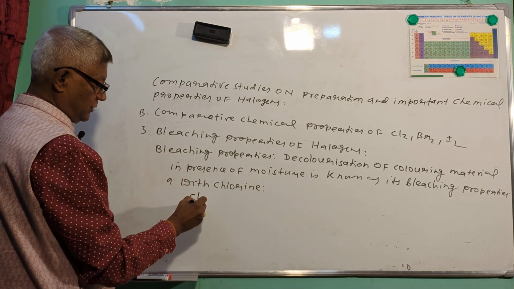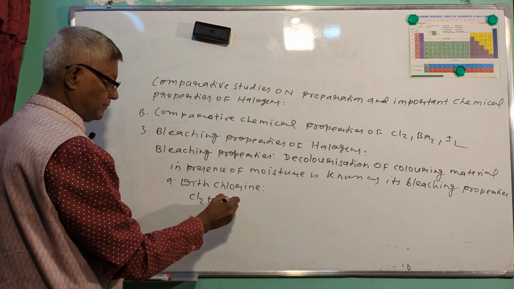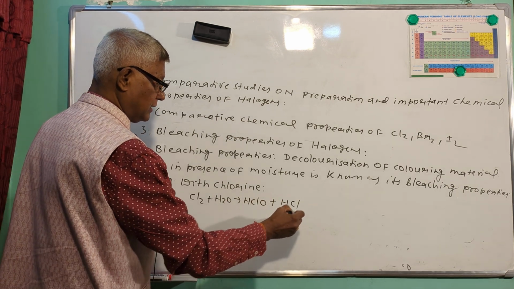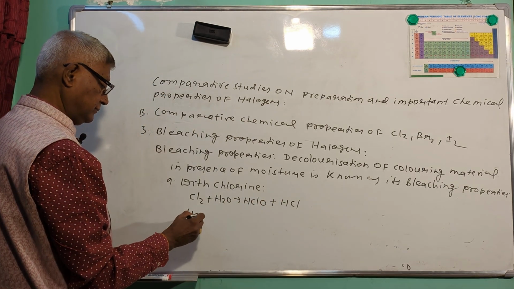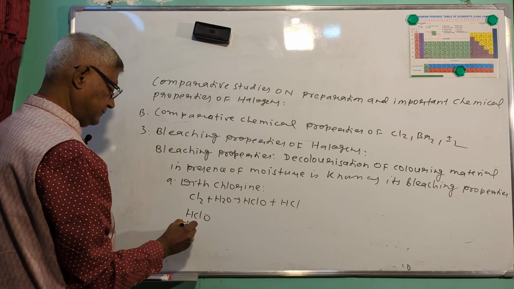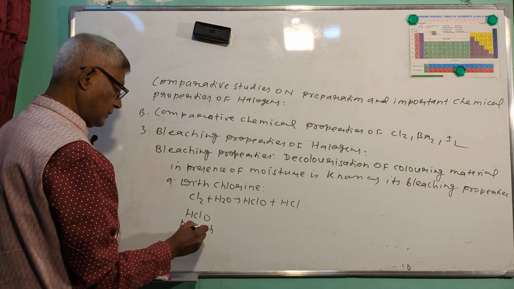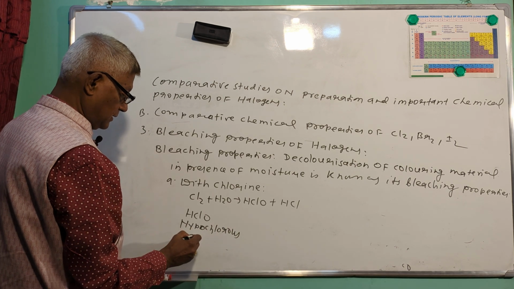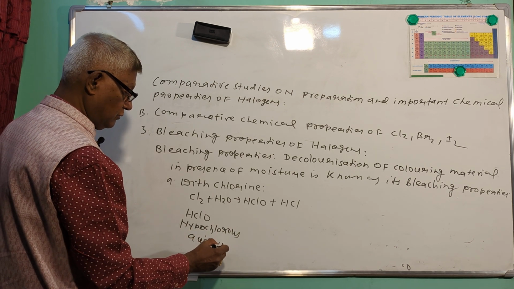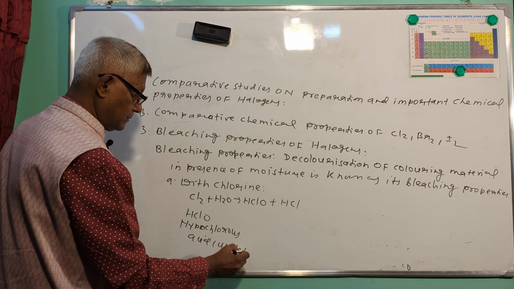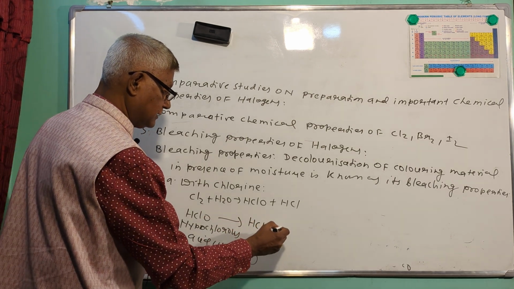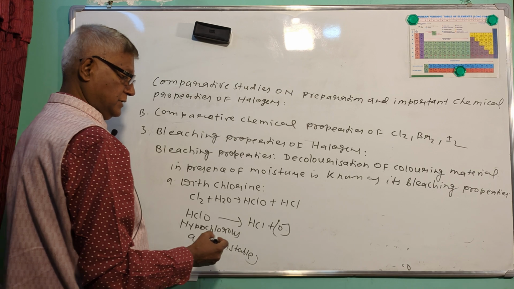So look at chlorine. At first chlorine reacts with water, and what do we get? HClO plus HCl. That is hypochlorous acid, which is unstable and converts into HCl plus nascent oxygen.